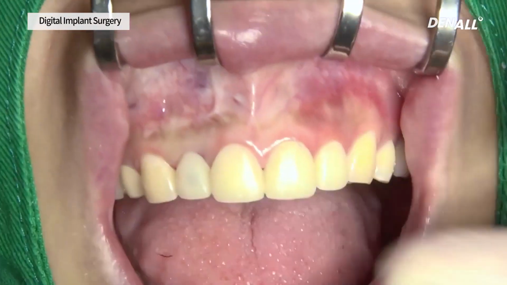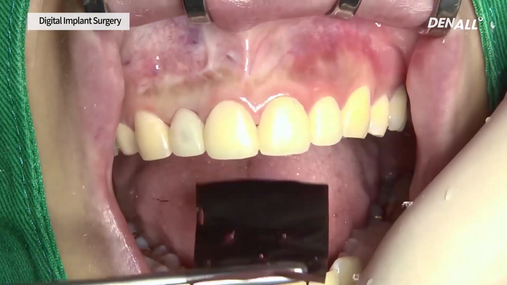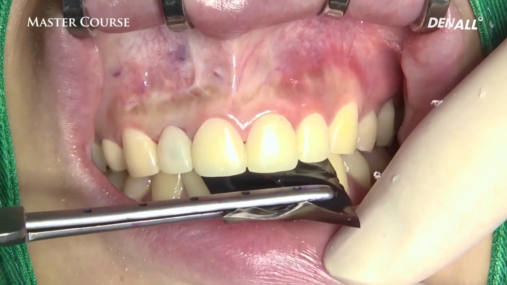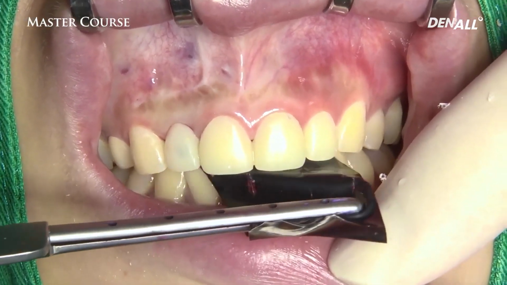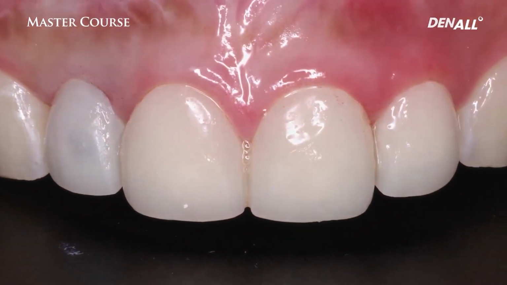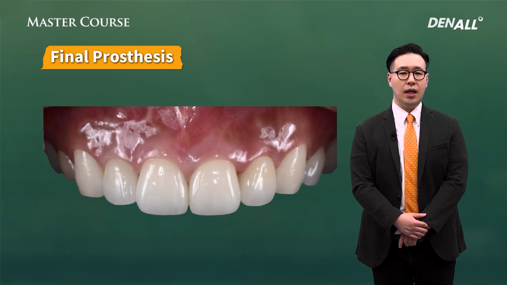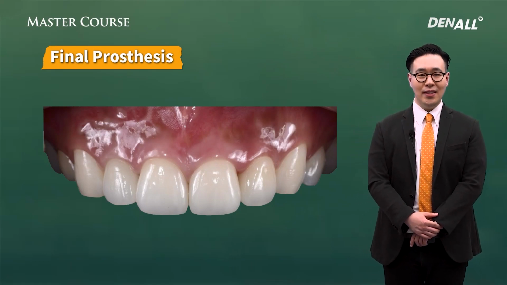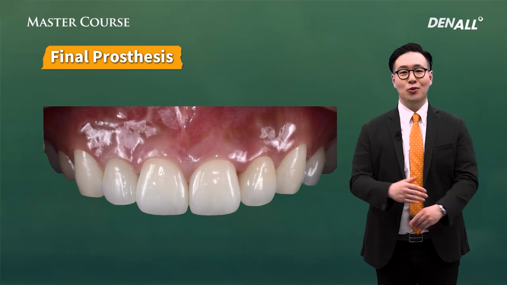The patient used the temporary before the surgery. After implant placement and connection of the abutment, the temporary fits the position very well, which means the accuracy of the Osstem One Guide system is excellent. The final prosthesis is beautifully completed, giving the patient a lot of satisfaction.